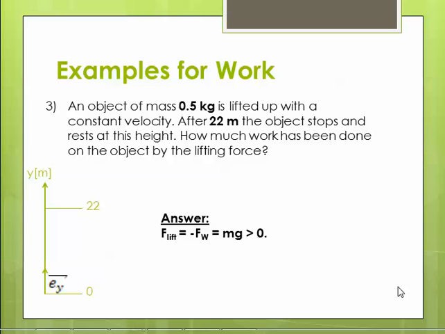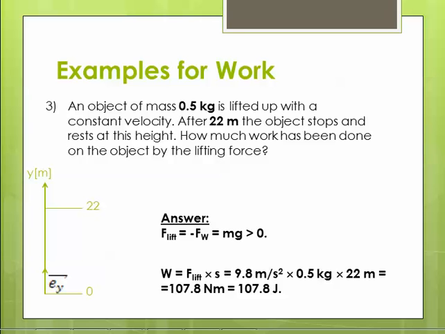Now the force points into the direction of the displacement. Thus the angle between the two vectors is 0 and the cosine of 0 is 1. Therefore, work is given by force times displacement. Now the lifting force we can easily calculate.